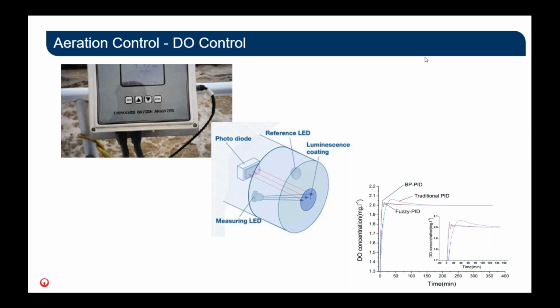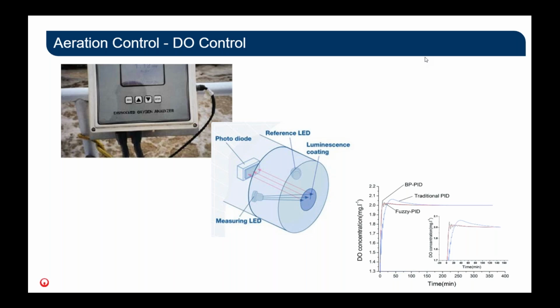You needed to make sure that your DO concentration in your aerobic zone was high enough to enable full nitrification, but then you also have to have some concern over potentially being too high, particularly during low loaded periods and the first several years after a brand new facility might start up, where you might only be at 30% of the design load of the plant.